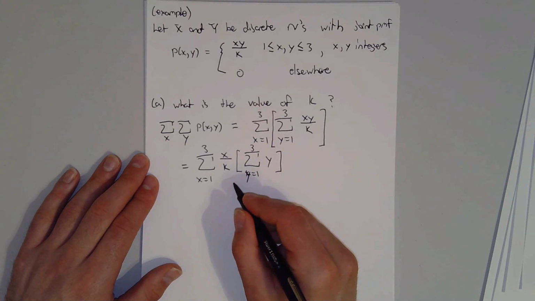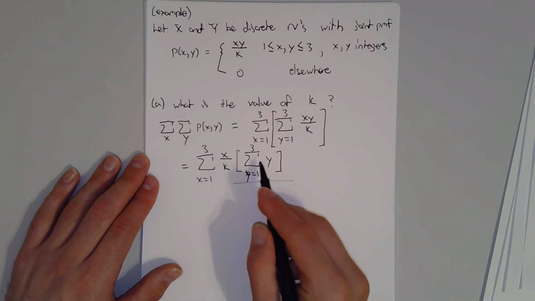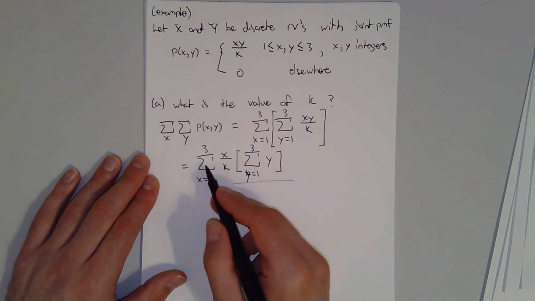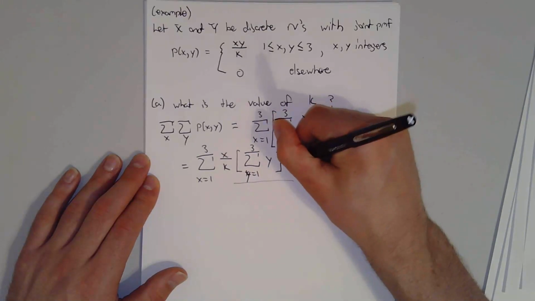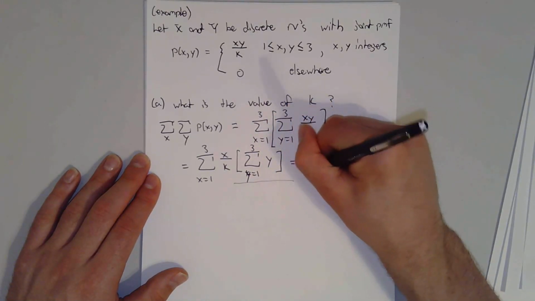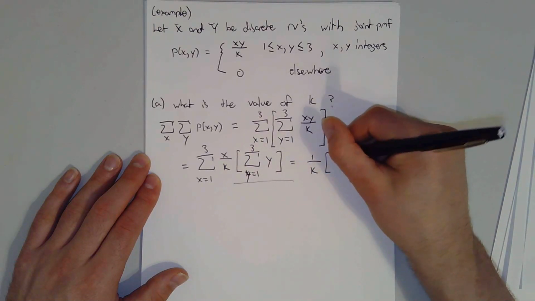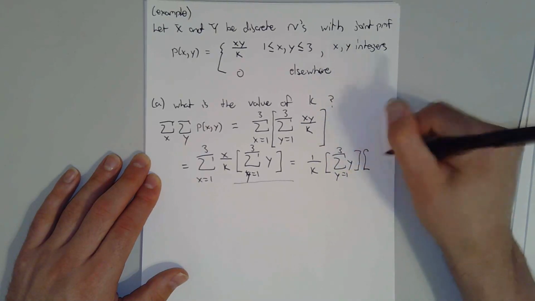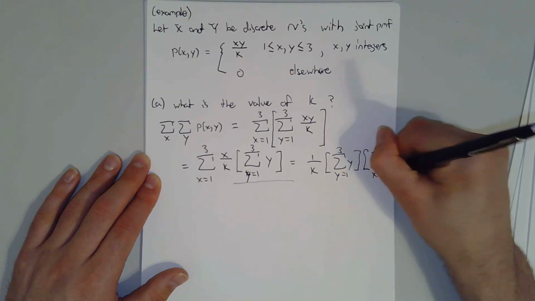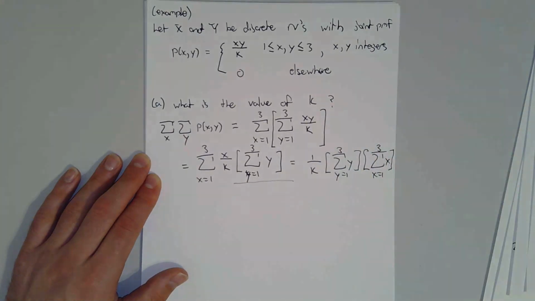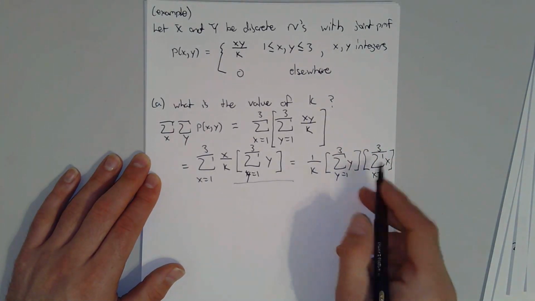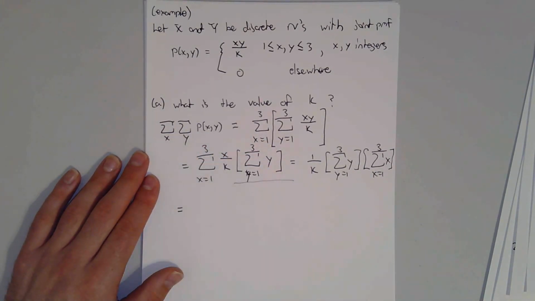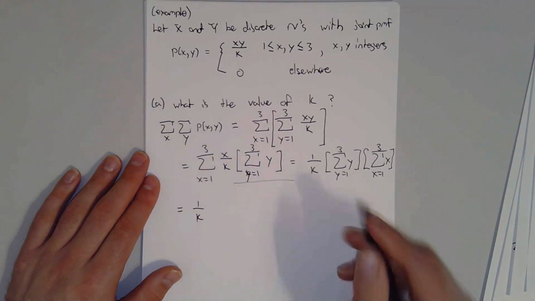Also, this entire inner sum is independent of x, so this sum, which is a number, can also be pulled out of the outer sum. So these two sums are the same. If we can solve one, we have the other.